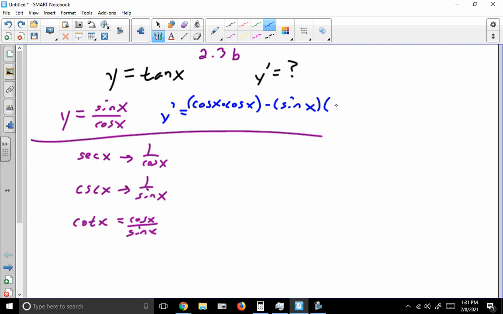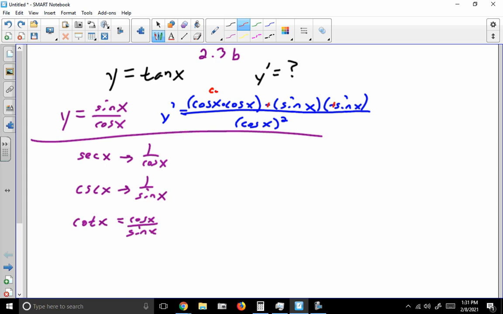The derivative of cosine is minus sine, over the denominator squared. Notice we have a negative times a positive times a negative. That'll make that positive.